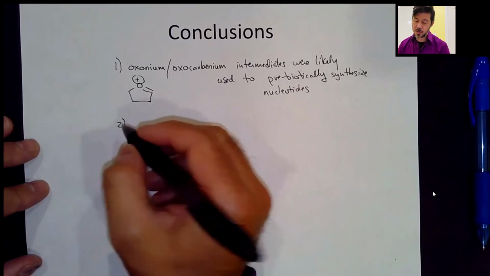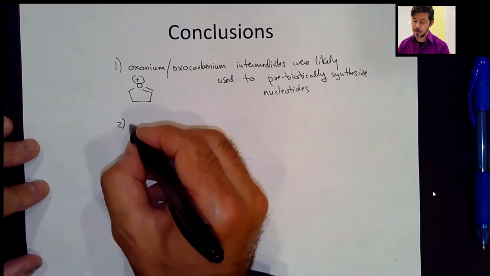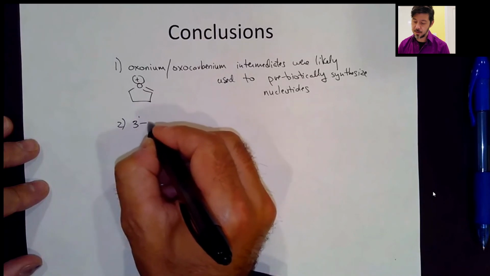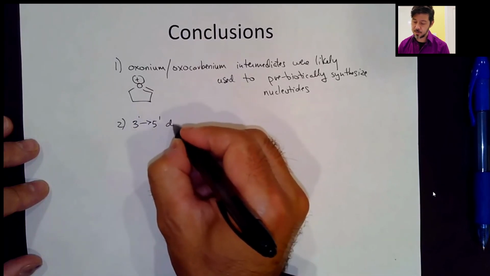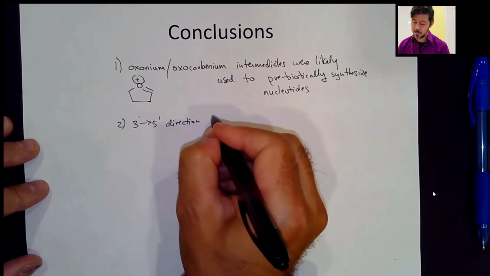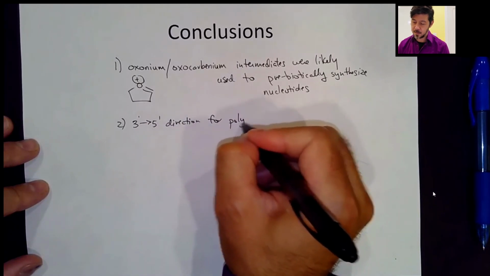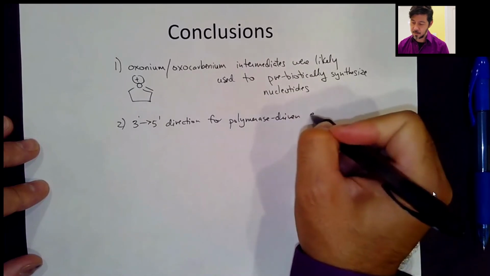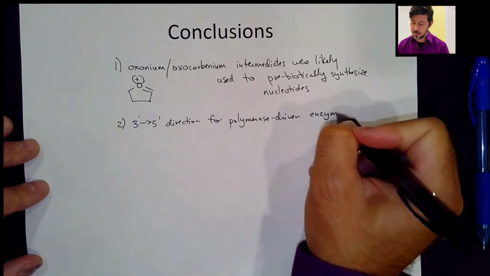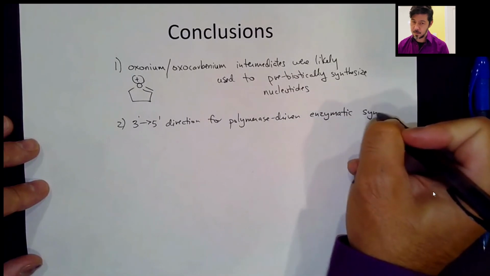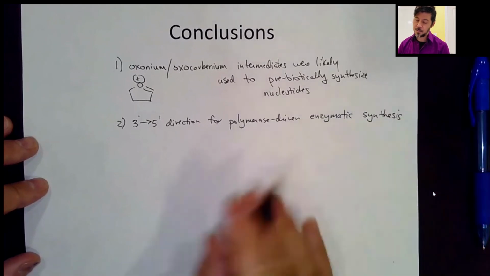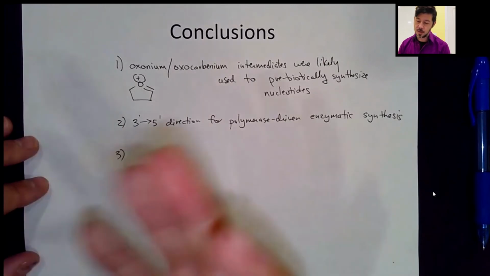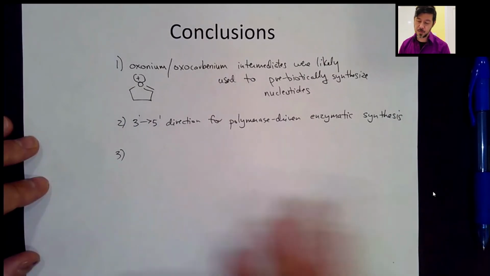Number 2, we looked at the enzymatic biological synthesis. The big take-home message from that is it occurs in the 3' to 5' direction for polymerase-driven enzymatic synthesis. And then this unit, which is the chemical synthesis, took, of course, the most time.